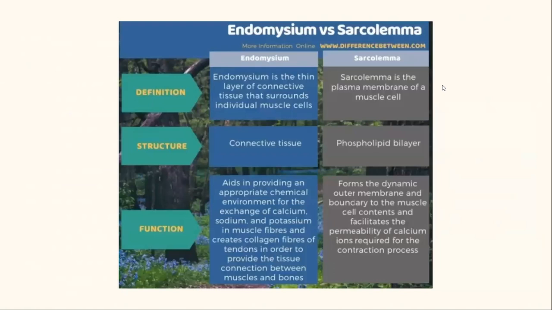So this is just what I was trying to tell you earlier, the difference between the endomysium versus the sarcolemma. So structure-wise, the endomysium is a connective tissue, and the sarcolemma has a phospholipid bilayer.